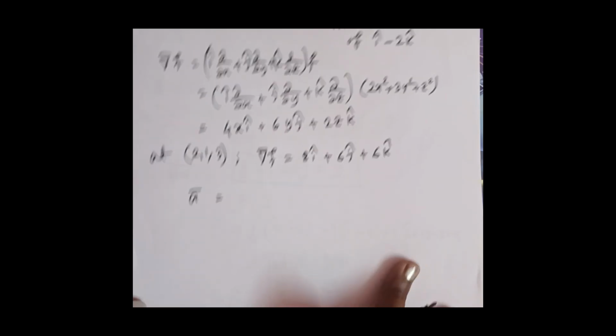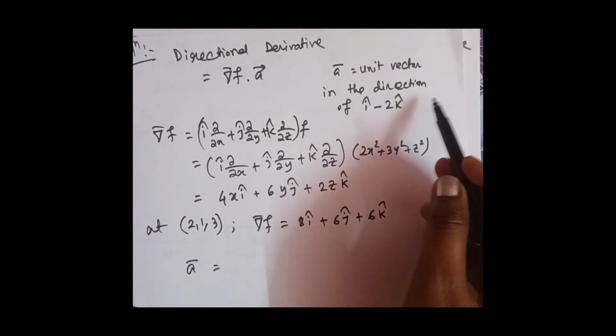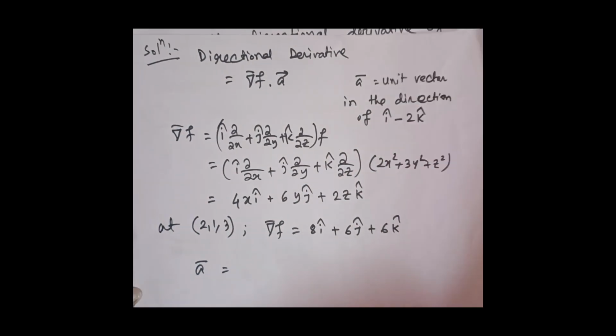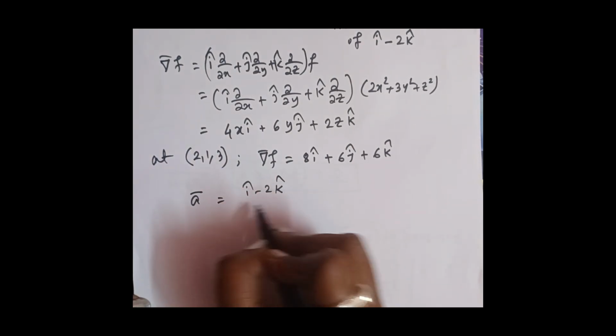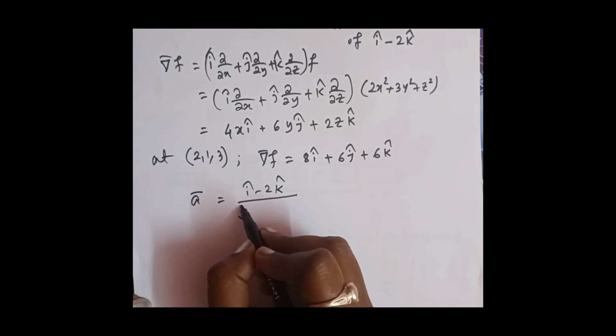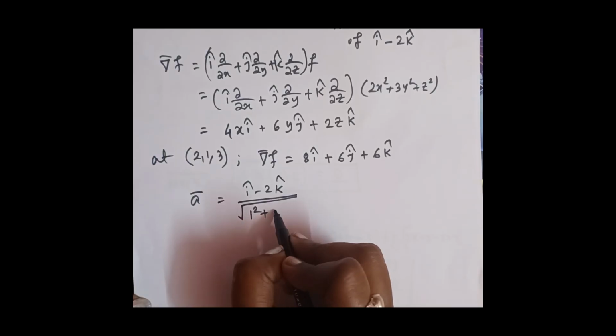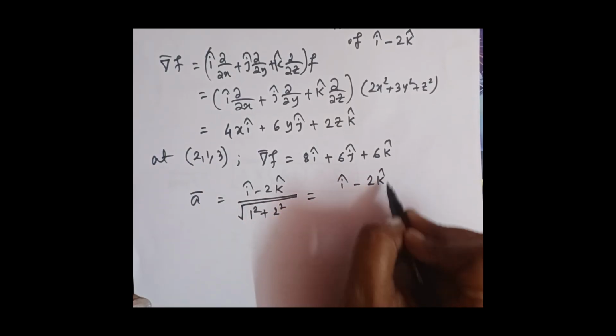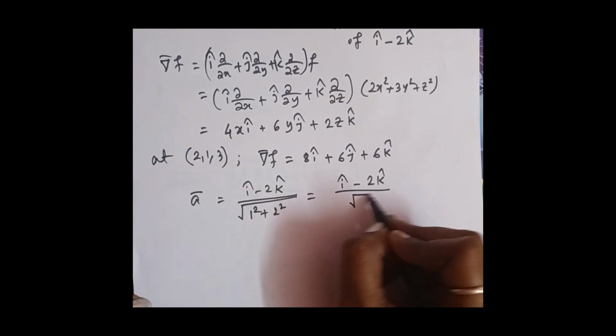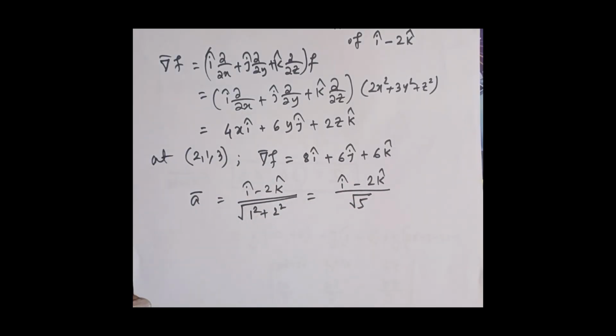so a is what? a is the unit vector in the direction of this. So a will be (i minus 2k) by square root of 1 square plus (minus 2) square, that is 2 square. So (i minus 2k) by square root of 5.